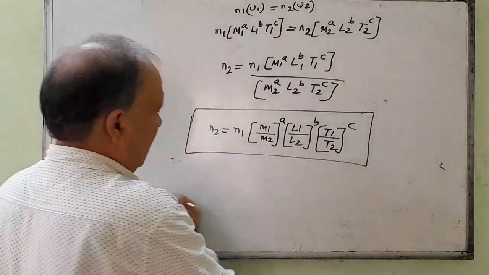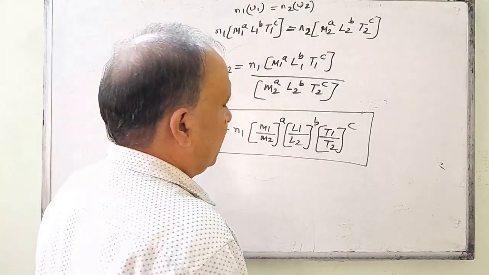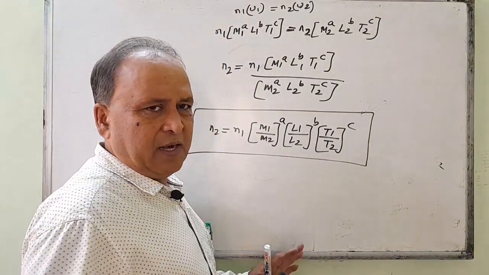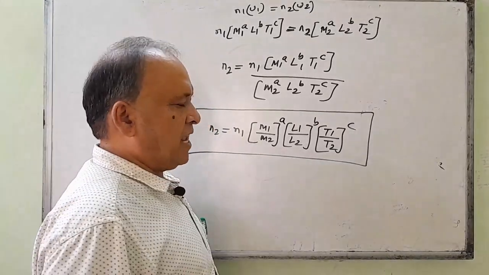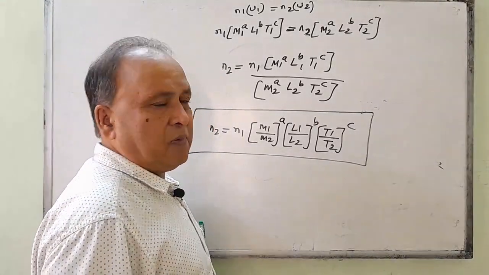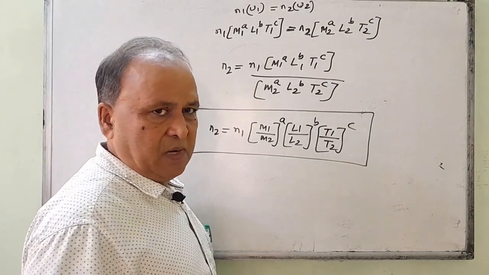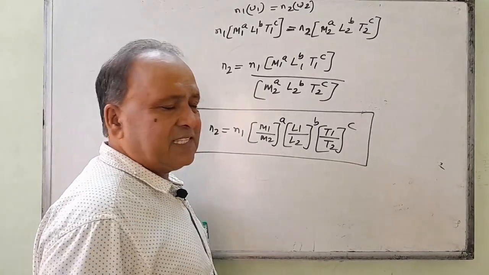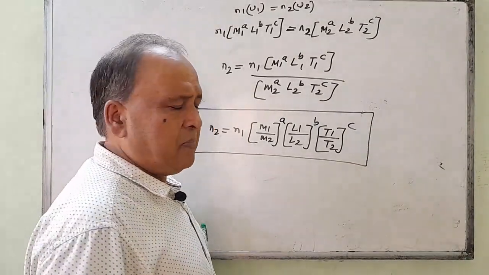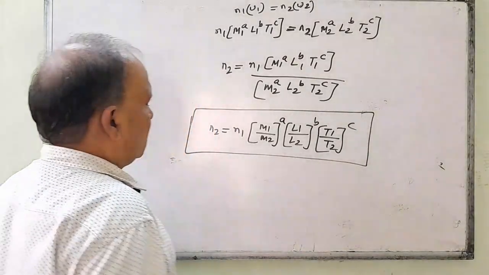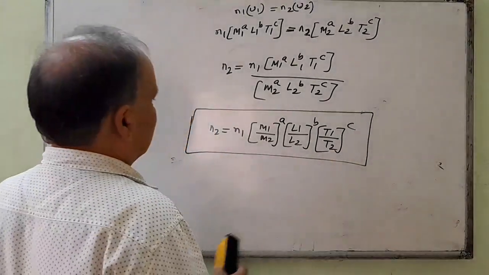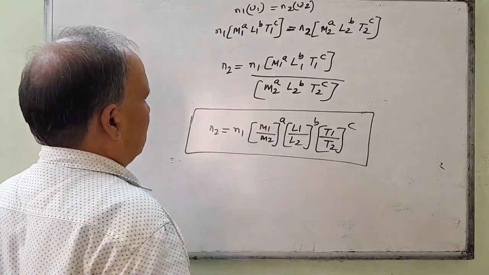So, I am telling you again, let us take a hypothetical physical quantity X. Let its dimensional formula be M to the power a, L to the power b, T to the power c. So, we can say its dimensions are a, b and c respectively. Now, we take two systems. In system 1, its magnitude is n1.